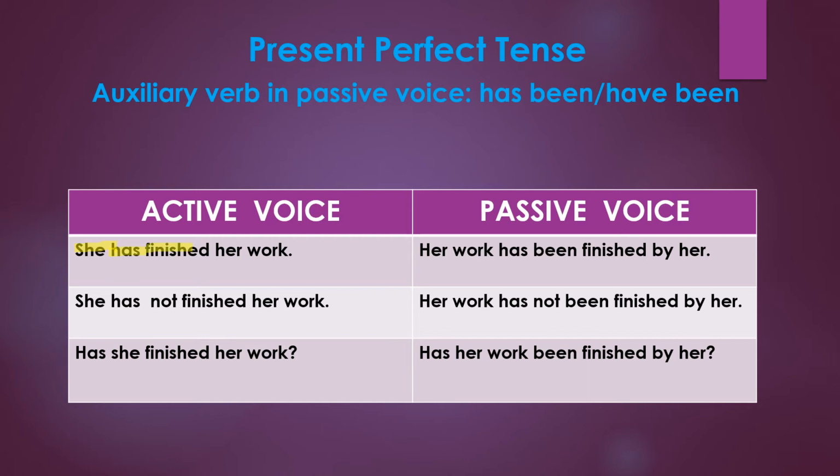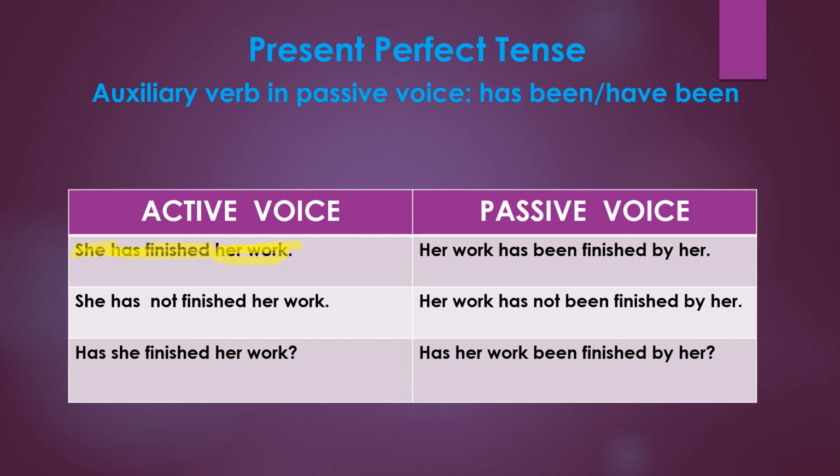Third form of the main verb, and then object. So it is totally present perfect tense. Subject, auxiliary verb has, third form of verb plus object. This is the structure of present perfect tense, as it is in active voice.